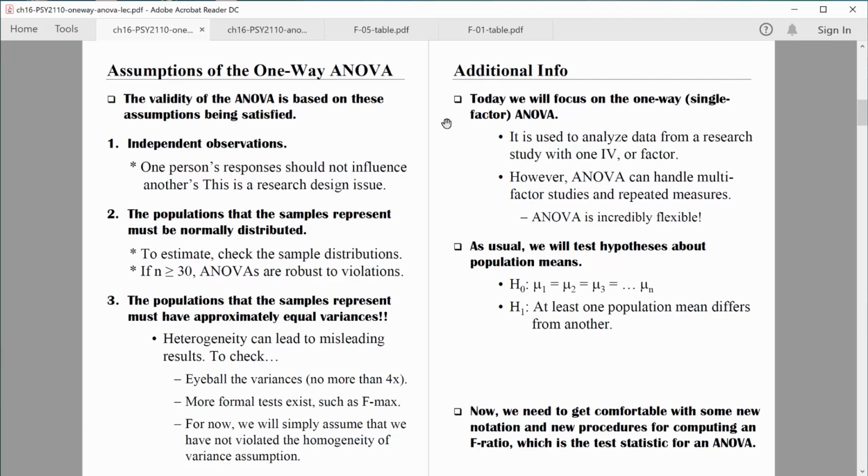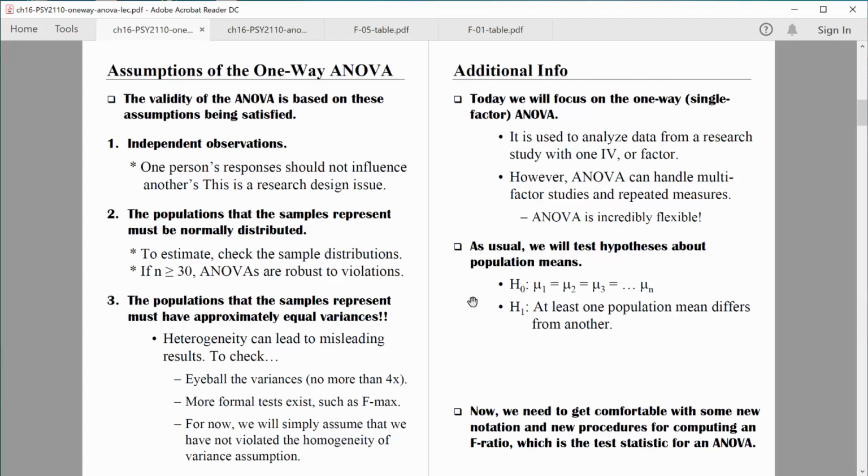Another group might get 30 milligrams. Another group might get 40 milligrams. I've just mentioned 5 different groups, but those groups were being determined by one variable. How much of the drug did the people receive? So that's the one factor. So when we talk about the one-way Anova, the single factor Anova, there's just one variable that's being manipulated.